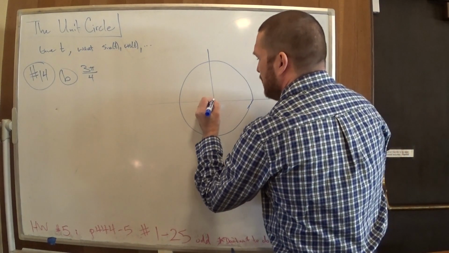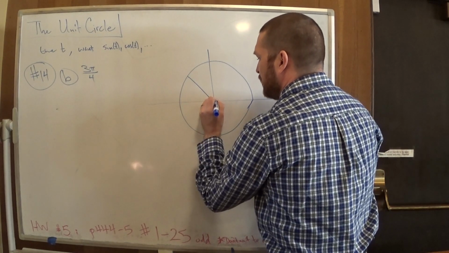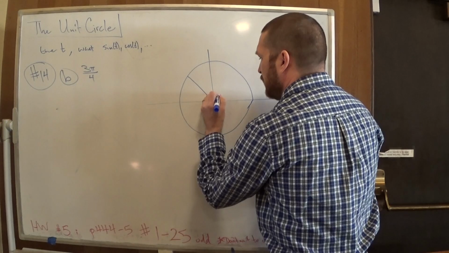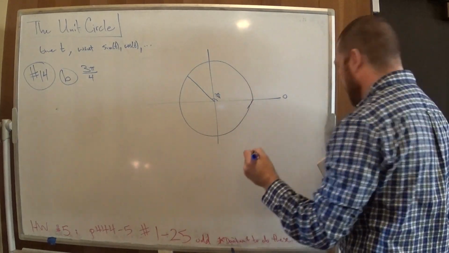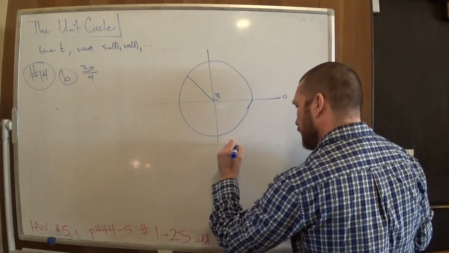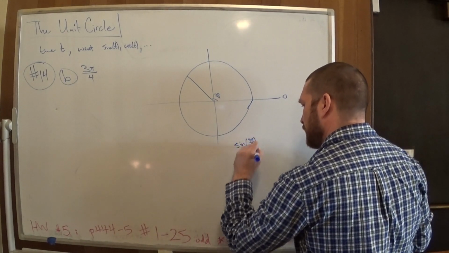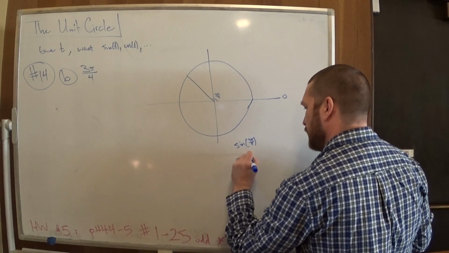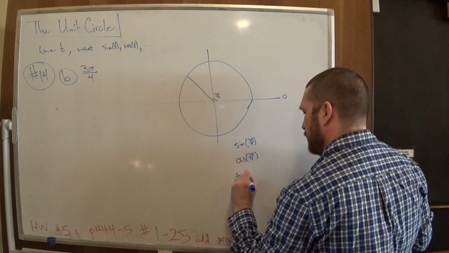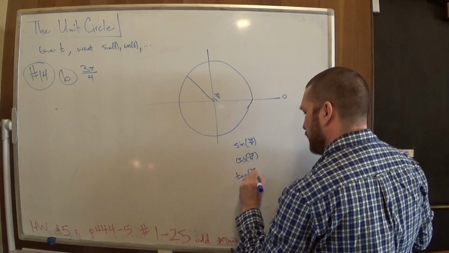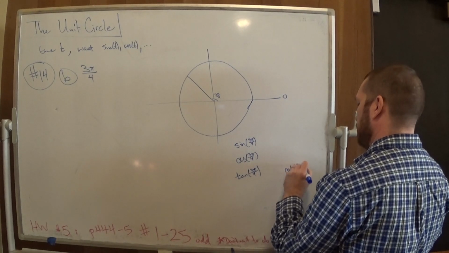Okay? And so, in other words, this is what they've given you: 3 pi over 4. They want you to find sine 3 pi over 4, cosine 3 pi over 4, tan 3 pi over 4, also cotan 3 pi over 4, and cosecant 3 pi over 4.